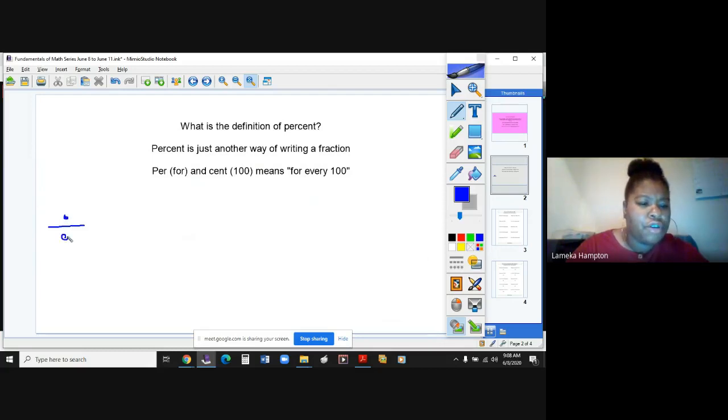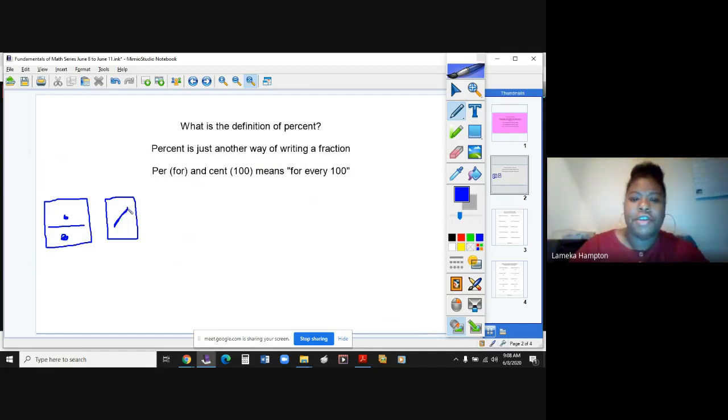We are all familiar with this sign. This is the division sign. So we understand that when we look on calculators, we will see this particular button. Depending on what calculator you have, some calculators may use the slash as their division button.